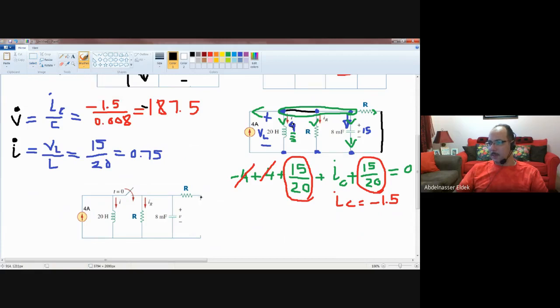This one is short circuit. Okay, and this was connected like this. The inductor will be short circuit. Okay, the capacitor will be open circuit. So you remove the capacitor and add an open circuit like this.